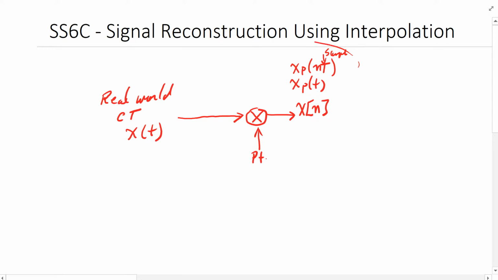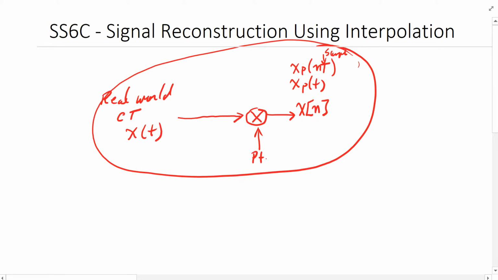And then once that is done, that's great. That's what we've been doing so far. We've talked about the fact that if you want to sample this and be able to reconstruct it, you need to use the right frequency to be able to recover it. So what do we mean by that?